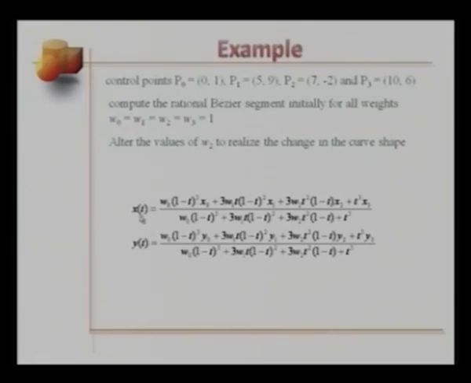So the x component is given by W0 (1 minus t) the whole cube times x0 plus 3 W1 t (1 minus t) the whole square times x1 plus 3 W2 t squared (1 minus t) times x2 plus t cubed x3 over W0 (1 minus t) the whole cube plus 3 W1 t (1 minus t) the whole square plus 3 W2 t squared (1 minus t) plus t cubed.